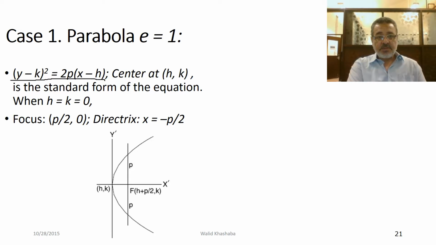The eccentricity here is 1. The ratio between the angles is the same. This is the standard form. The center of the parabola is h and k, and please note that h here in the rule has a negative sign. Also, k has a negative sign as well.